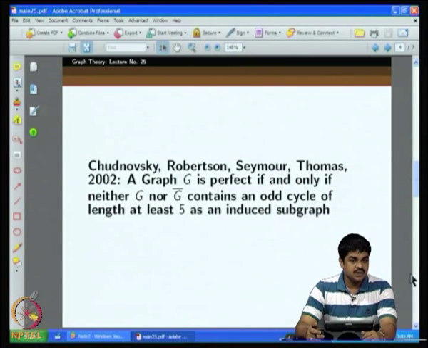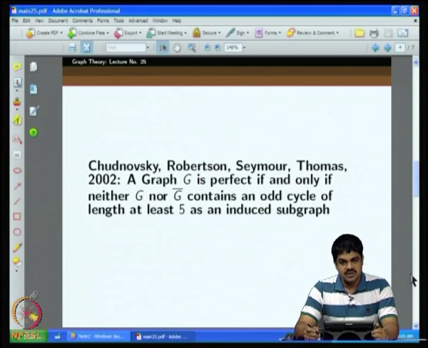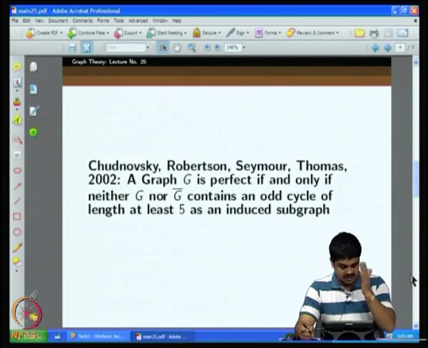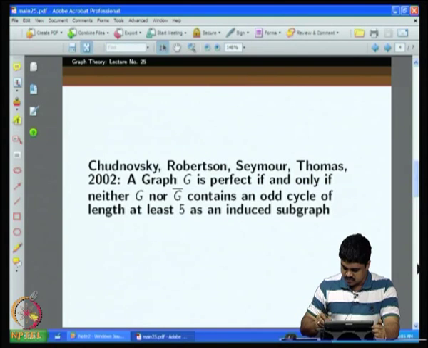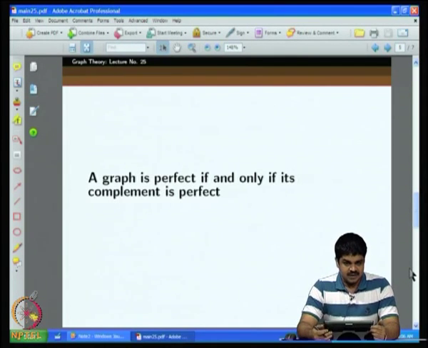When G is perfect, G does not contain an odd induced cycle, and G bar also does not, since the statement is symmetric for G complement. If G bar is equal to H, then H and H bar will not contain odd induced cycles. That will follow from it.